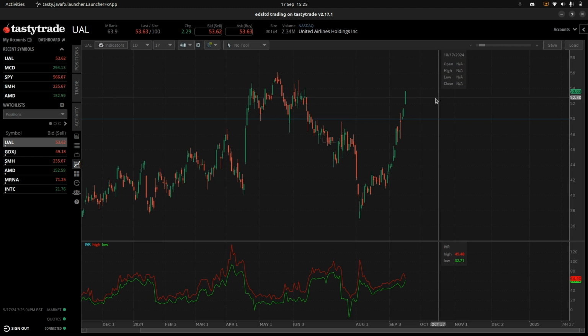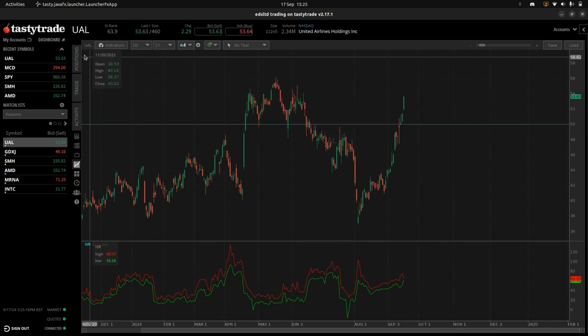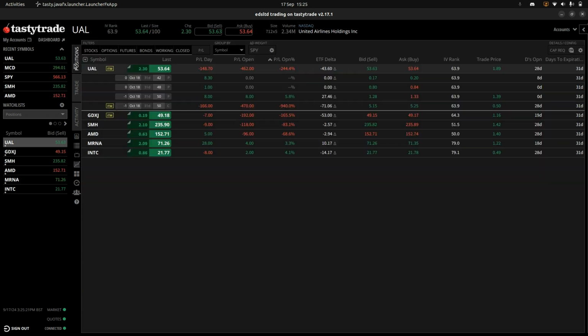So we will probably be looking to make another adjustment, and perhaps actually invert this strangle, turn this straddle into an inverted strangle. So this is what the reality of managing positions looks like.